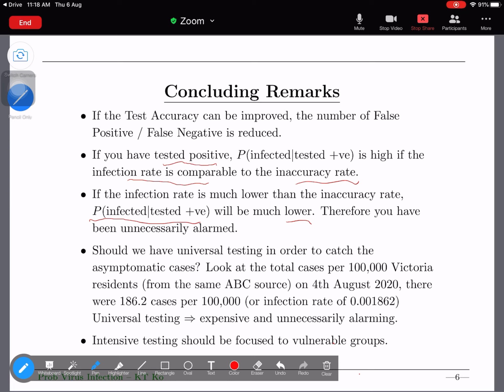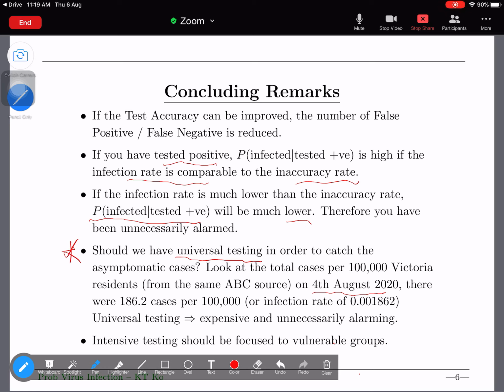Now, coming to the question, should we have universal testing? Okay, that's a question which has been raised many times. This is in order to catch the asymptomatic cases, people who have no symptoms. Now, if you look at the same day result in Victoria on the 4th of August, instead of looking at infection per test, you look at the ratio of infection per population.